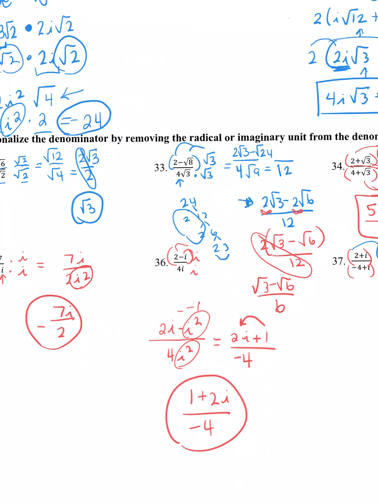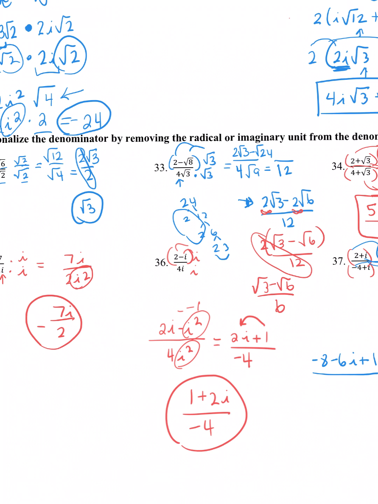I have a -2i, a -4i, and then I have a -i squared. So in combining my two middle terms, I have a -6i, so I have -8 minus 6i, and i squared is -1, but it's a -1, so it becomes a +1. So on the top now, I have -7 minus 6i.